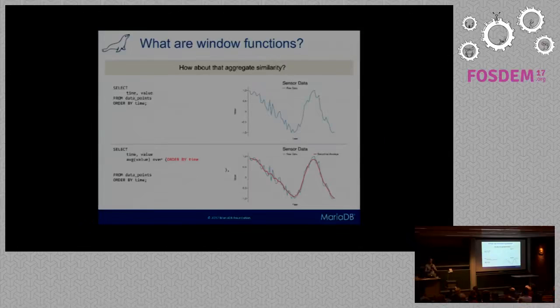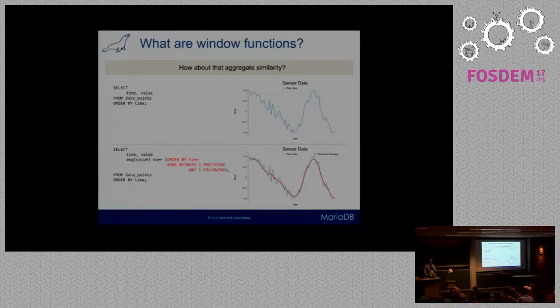We first need to order the data by time, because that's how we want things to be averaged. Then we need to tell it that we want it to average with a few rows before and a few rows after. And we do this with another special syntax called a frame definition. Here we tell it to average 3 rows before and 3 rows after the current value. And now this is an average of 7 values.